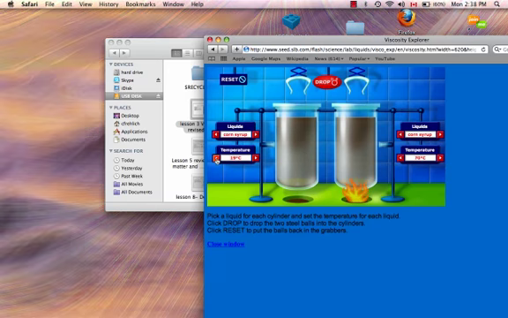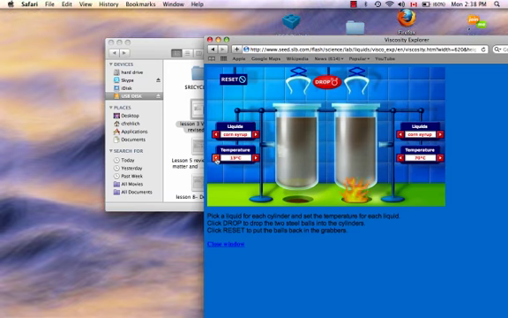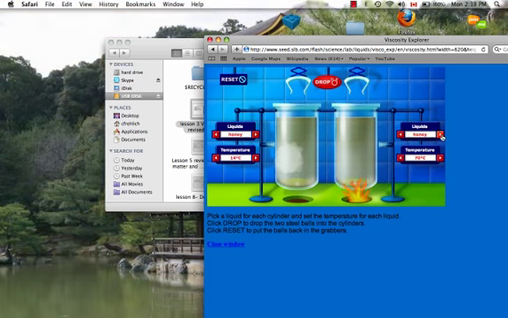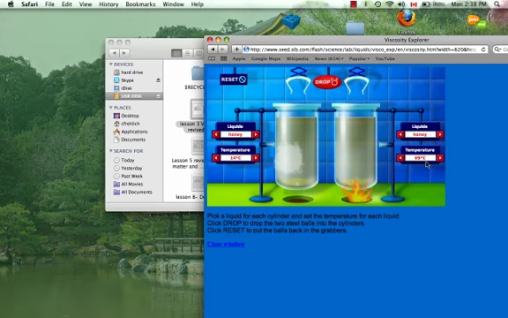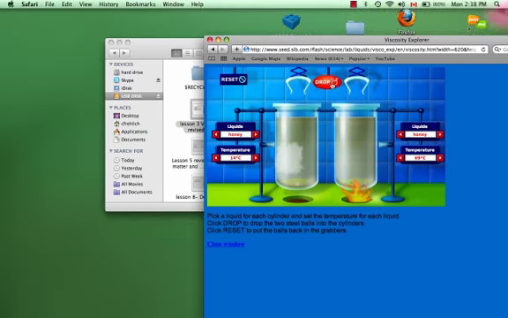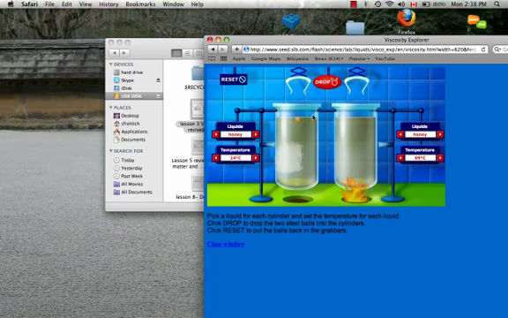Okay, let's make corn syrup a little colder. Let's take honey. So honey at 14, honey at 70. There you can see how long it's taking.